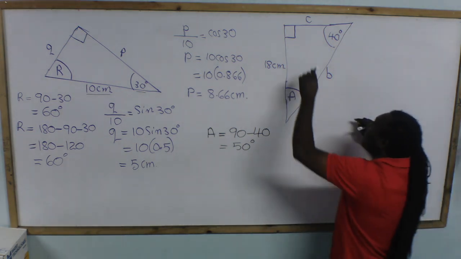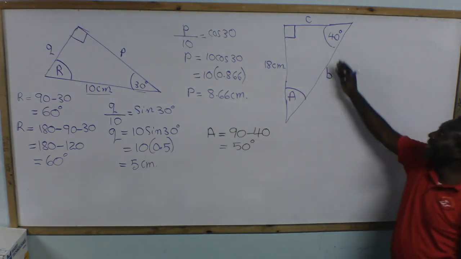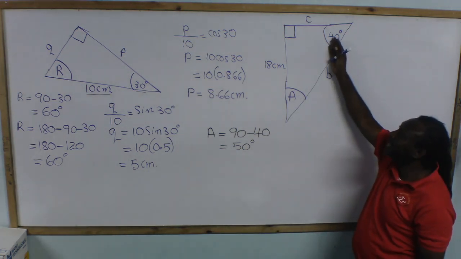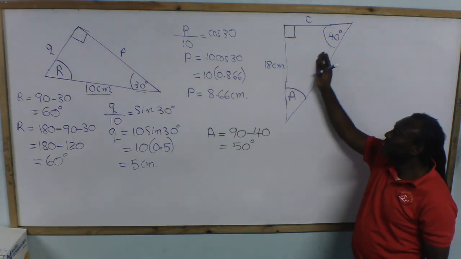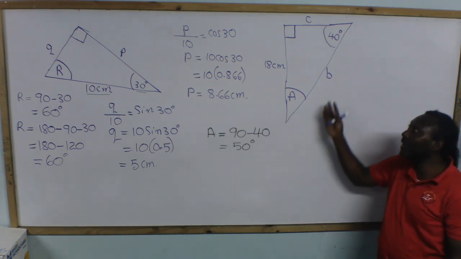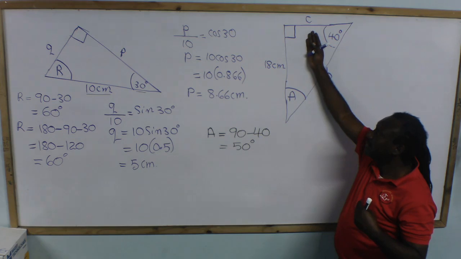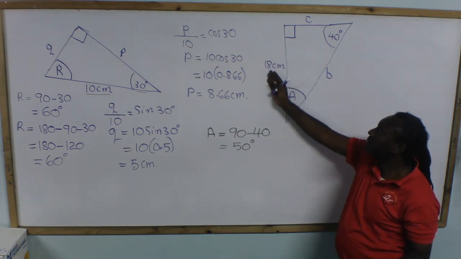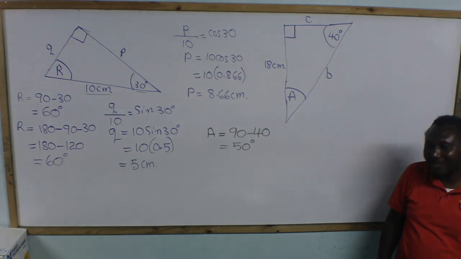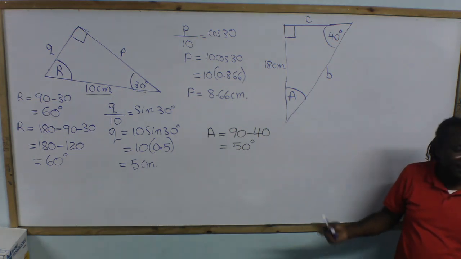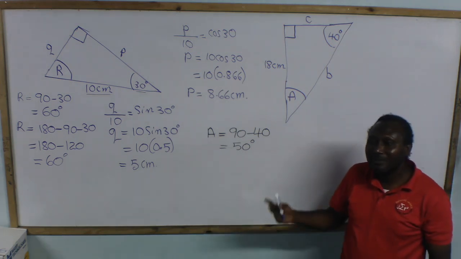Now, what do you say about this C? It is adjacent to the 40 degrees angle. And the side that we are using is what? Opposite. So, yes, opposite to the 40. So we are about to find the adjacent, and we have the opposite. So what trig ratio is that? Adjacent and opposite. Trig ratio is tangent. And tan is equal to what?